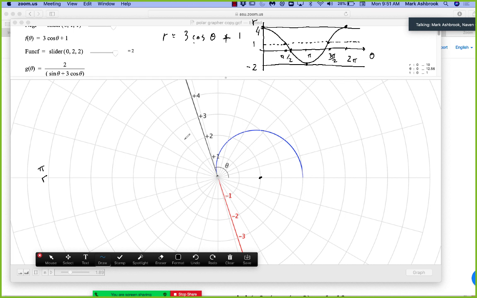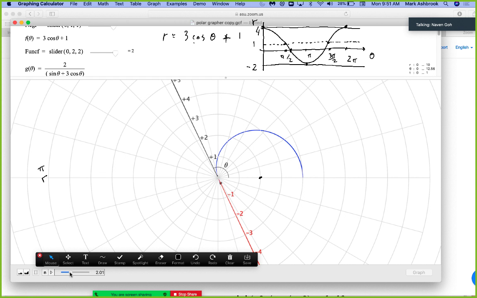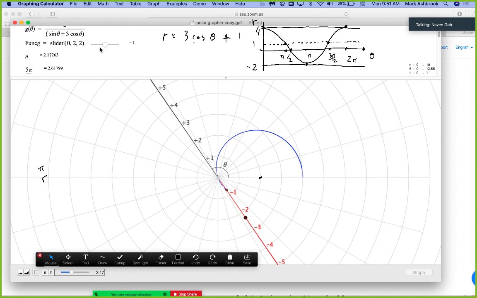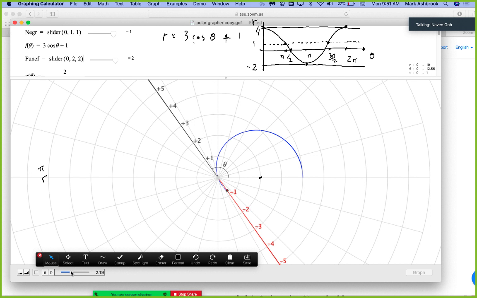That means the rest of the way here in the second quadrant, where's the graph going to be? In which quadrant? Negative R values. The fourth quadrant. Fourth quadrant, right? So what will that look like? Decreasing rapidly, right? So notice it's increasing negative, heading down the red part of the axis.